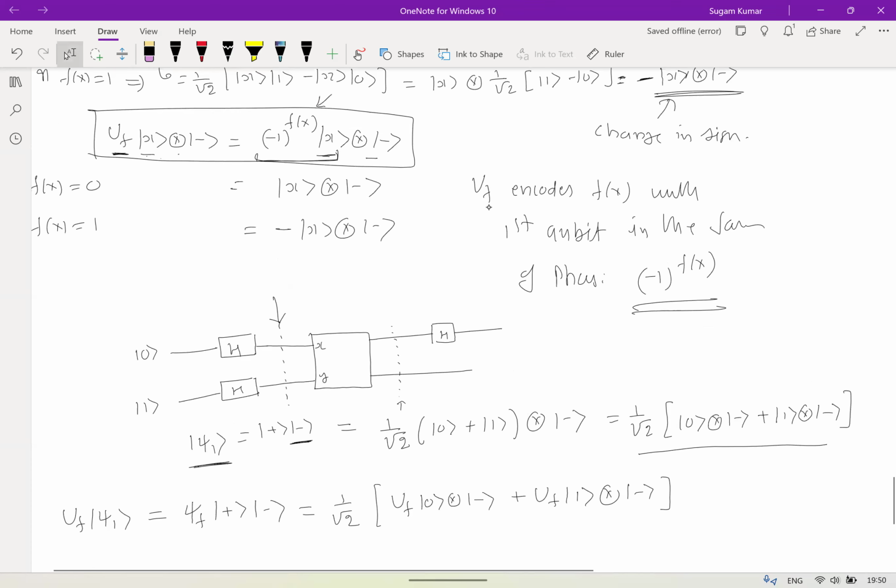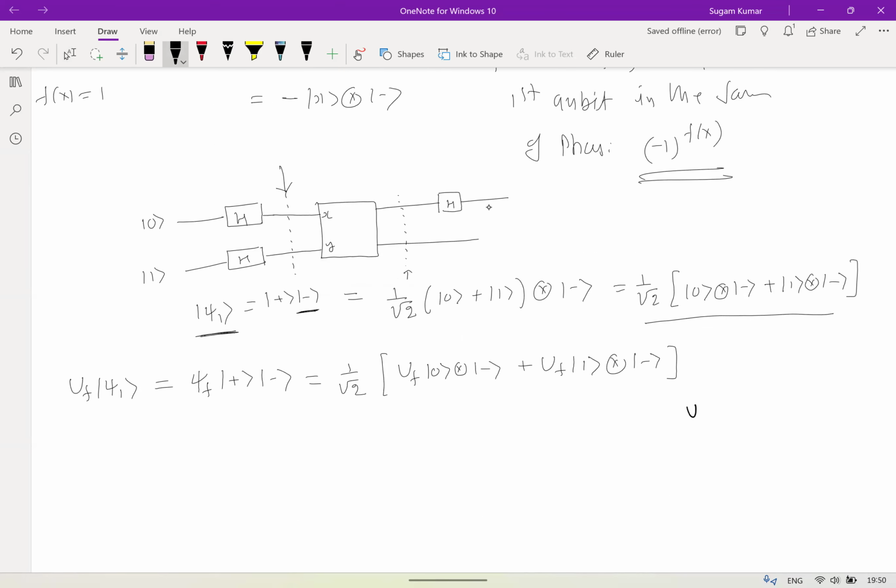Fine. And you see what it does. Look at here, I already told you that when this UF is going to act on the X and negative, what will it make? Minus 1 power fx, and X and the negative will come as such. So it is going to make this one: 1 by root 2, and X is 0. So it will give minus 1 power, X will go inside the function, correct?